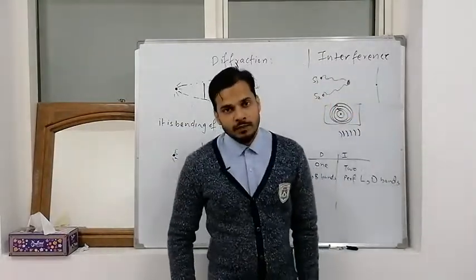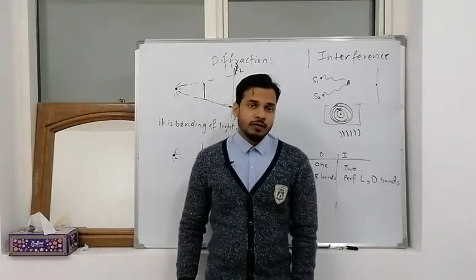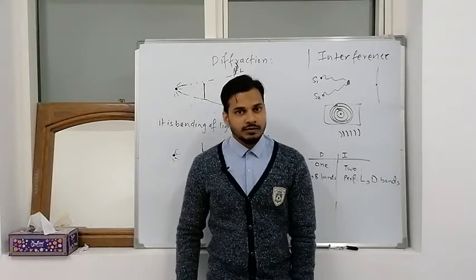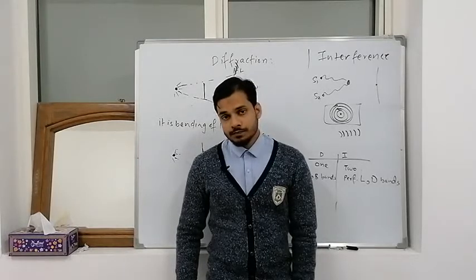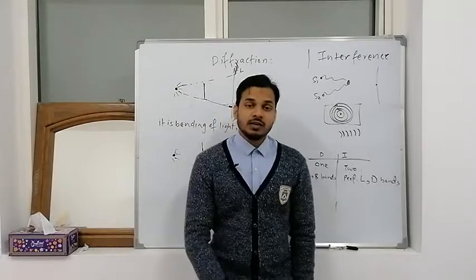For example, we come in the daytime and we see everywhere, there is no need of electric light, no need of a bulb. Why? Because the sunlight is there in the daytime. So how does the brightness come inside the room?